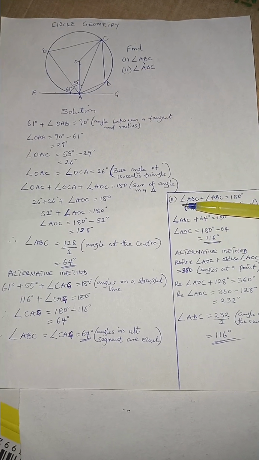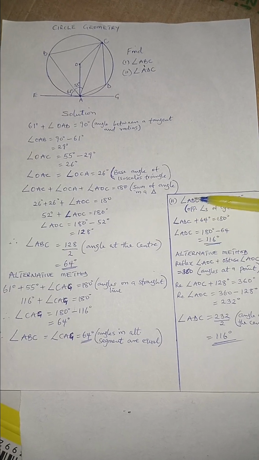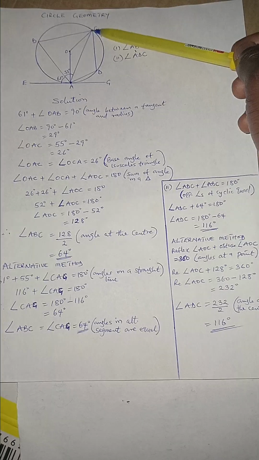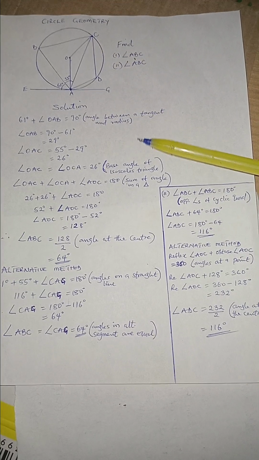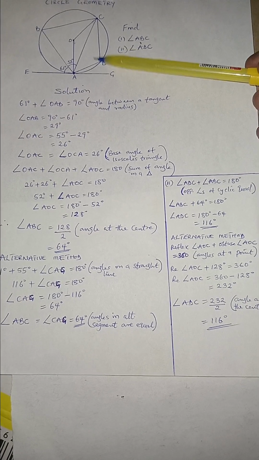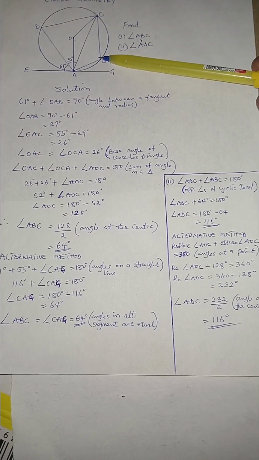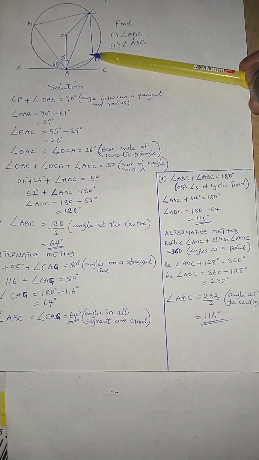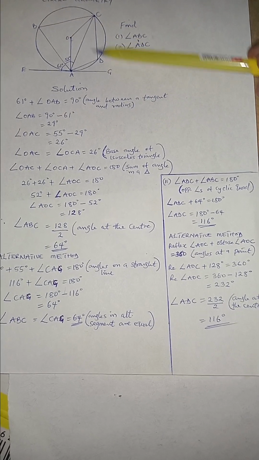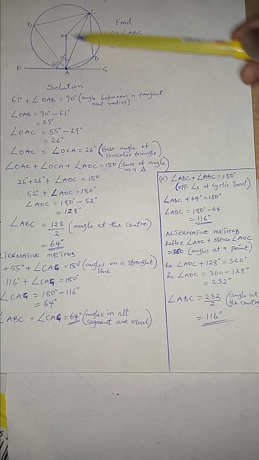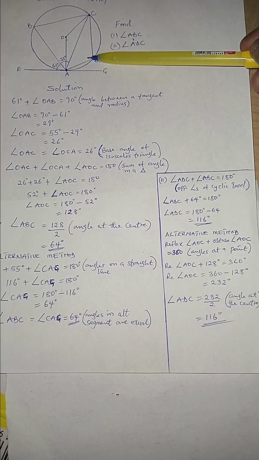Then for question 2, we are asked to find angle ADC. One of the theorems in circle geometry says opposite angles of a cyclic quadrilateral are supplementary. What does that mean? The addition of the two angles facing each other in a cyclic quadrilateral must give you 180.